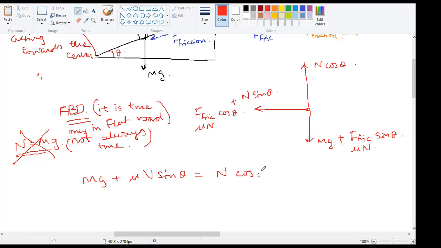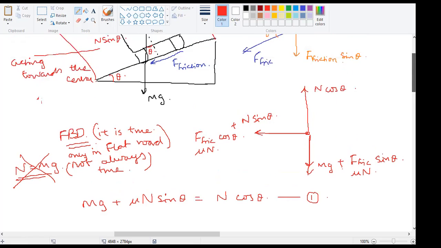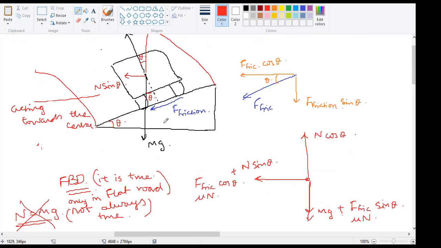So this and this will be equal. Why? Because, when you're drawing the arrows, it should be the same length. Again, the same concept: the car is not flying out of the road, and it is not breaking into the road, which means this force and this force have to be equal.